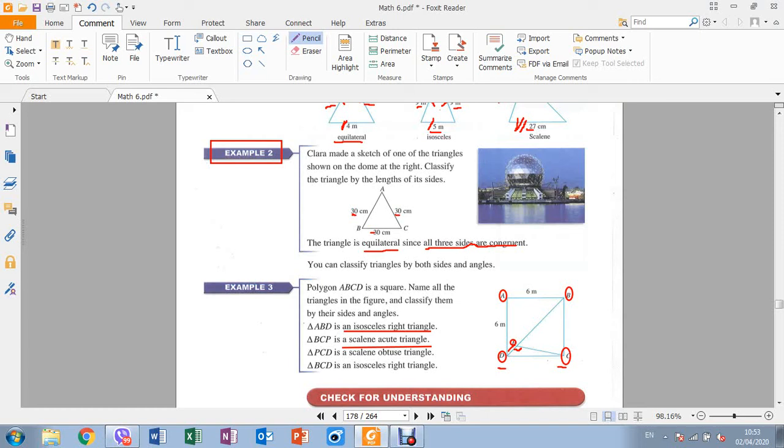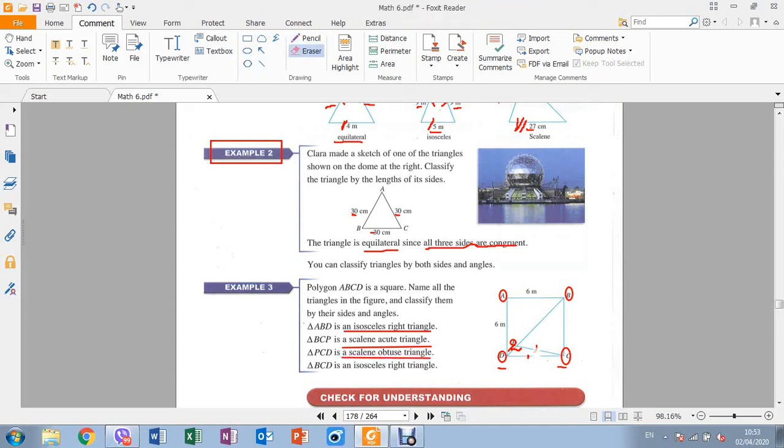Again, this is scalene, because this side is not equal to this side and this one is not equal to this one. So this is a scalene obtuse triangle.